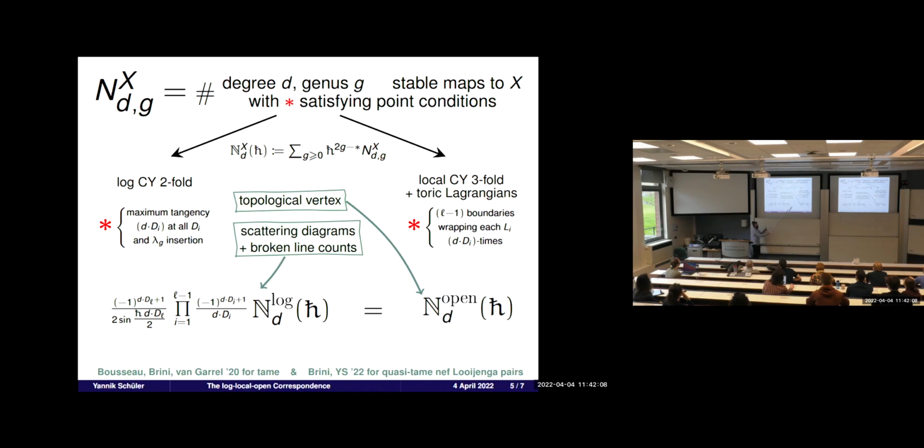So this side here, why it's exciting to have such a correspondence is, this side here is on the computational front very strong. With the topological vertex, you have a very strong tool to compute these numbers here. Where on this side, these invariants usually have an interpretation in terms of Gromov-Witten and mirror symmetry. So they developed in a very geometric picture, and therefore the ways how to compute these numbers are very different. But this correspondence somewhat marries these two different worlds.